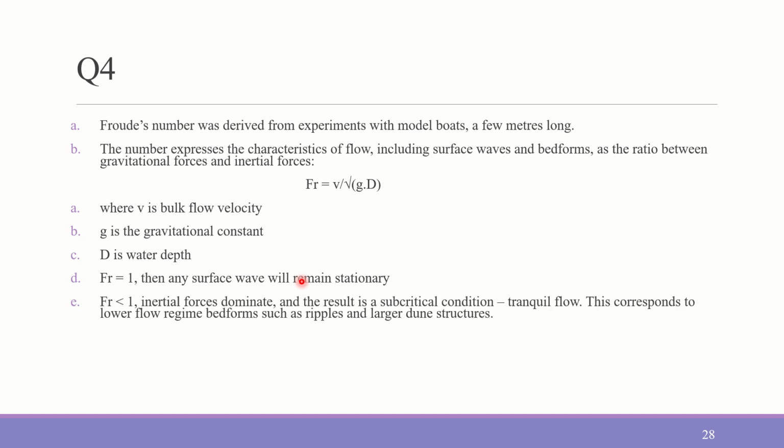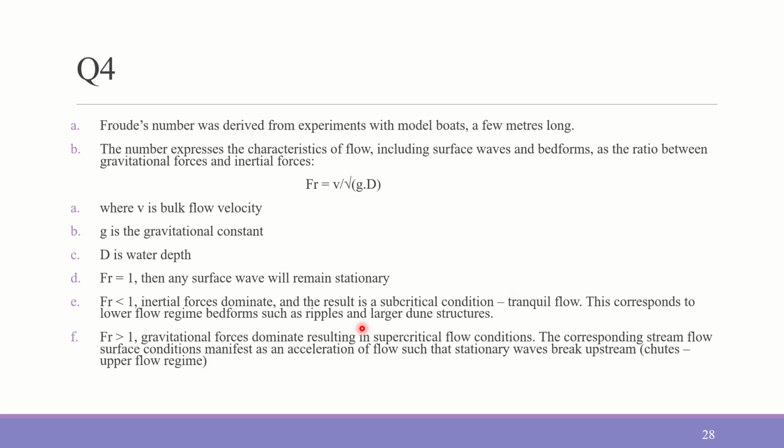If Froude's number is less than 1, inertial forces dominate and it results in subcritical flow conditions, or tranquil flow. This corresponds to lower flow regime bed forms such as ripples and large dune structures. And if Froude's number is greater than 1, gravitational forces dominate, resulting in supercritical flow conditions.